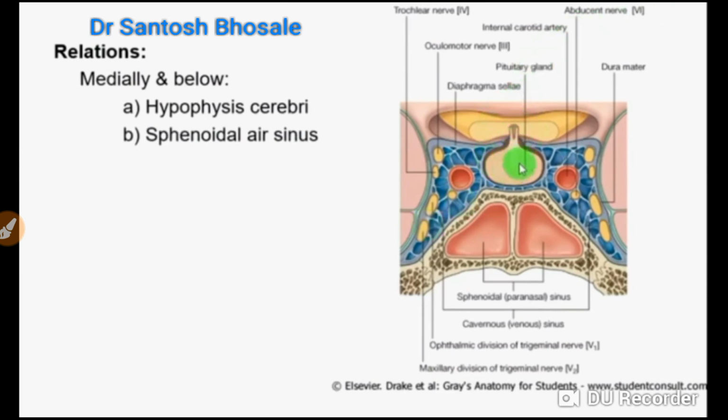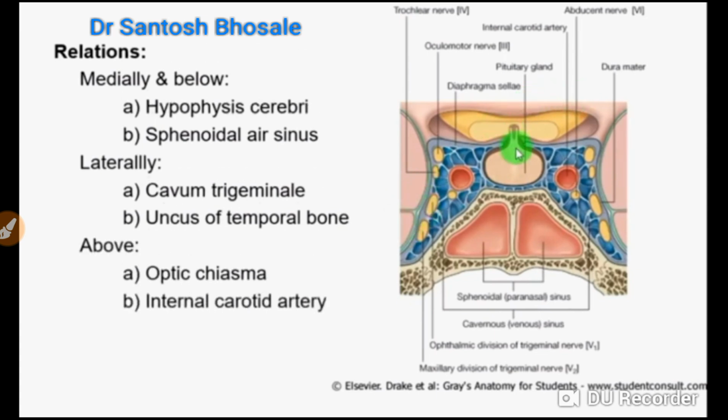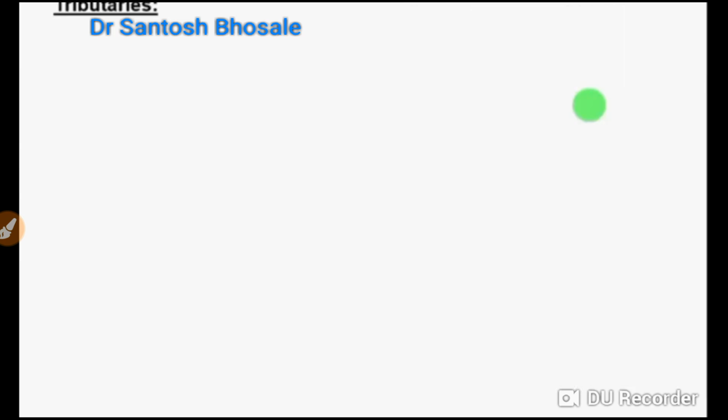And this cavernous sinus is related medially and below to the pituitary gland and sphenoidal air sinus, and laterally to the trigeminal nerve and temporal lobe, and above to the optic chiasma. Below it is related to the skull base containing the sphenoidal air sinus that we already discussed. Medially and below, pituitary gland and sphenoidal air sinus, laterally trigeminal and temporal lobe of the brain.